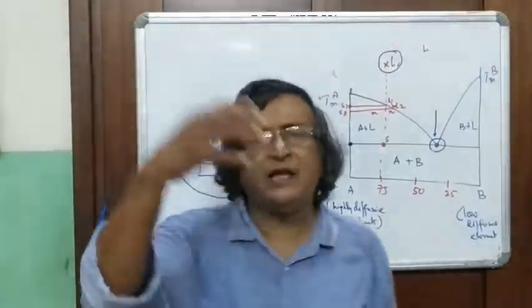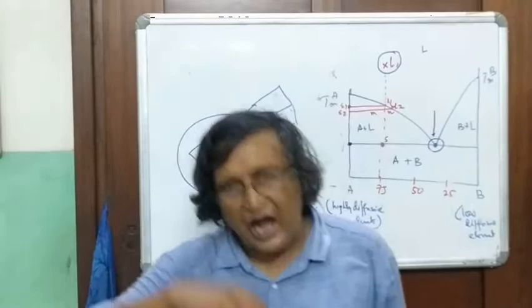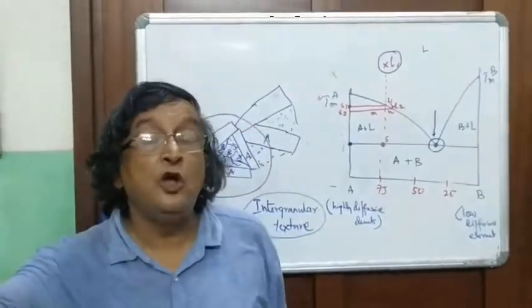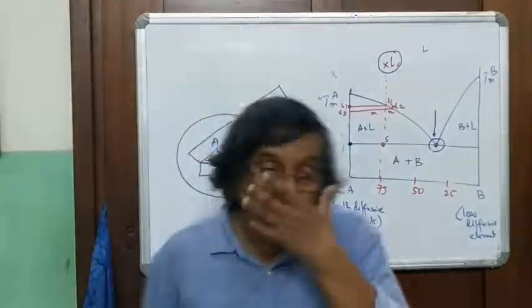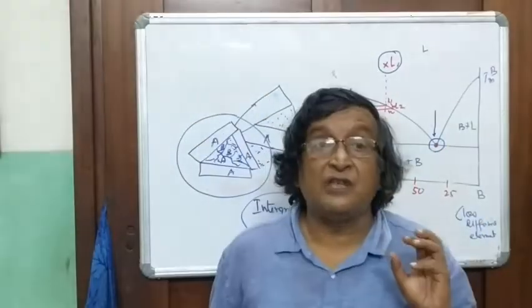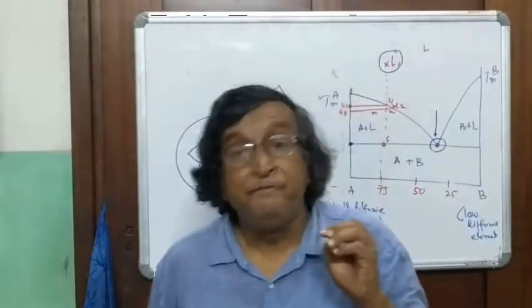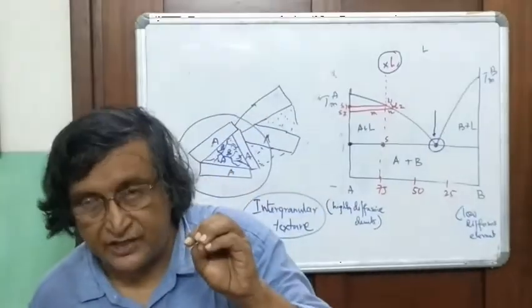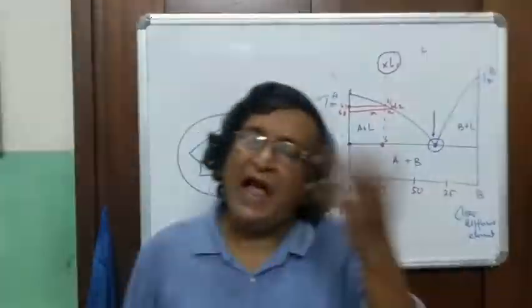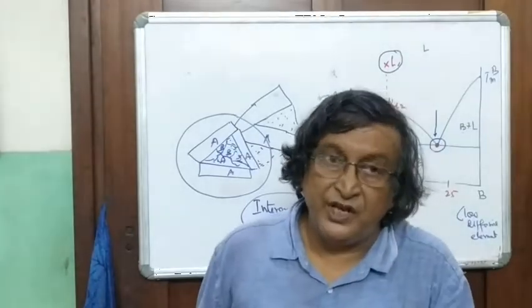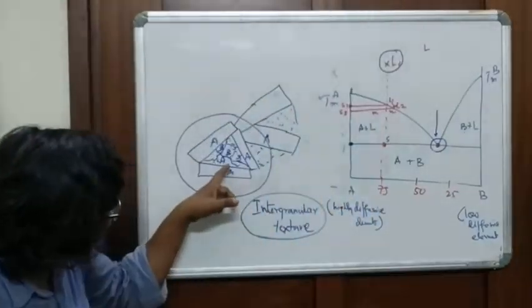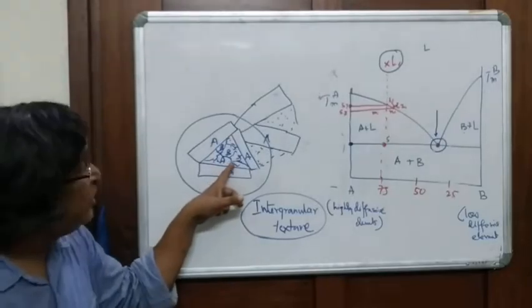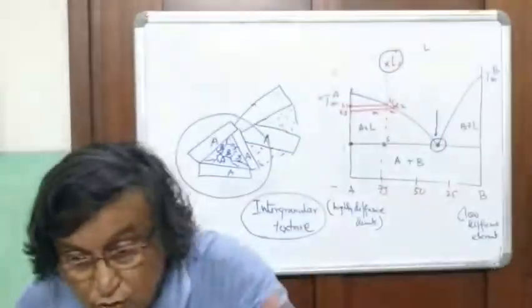Highly crystal-rich melts are highly viscous and not capable of flow, whereas magmas that have low crystal fraction have lower viscosity and are capable of flow. So for intergranular textures to happen, you need magmas to crystallize to a great extent.